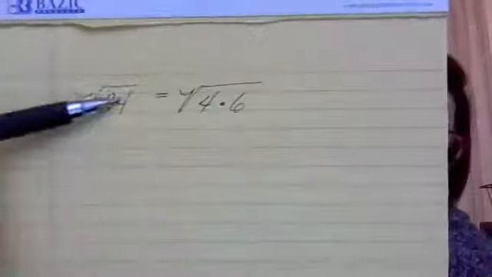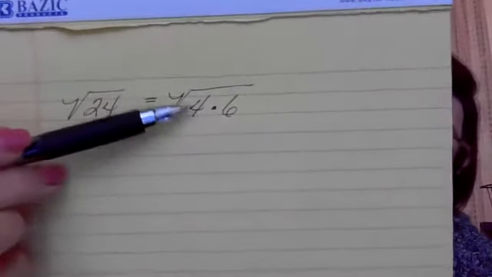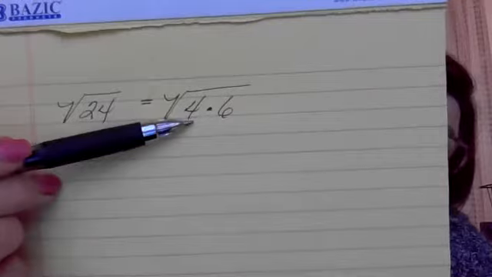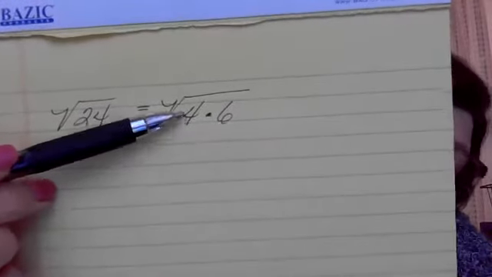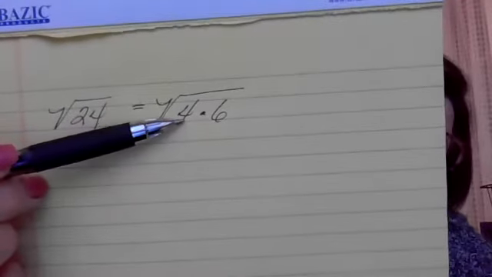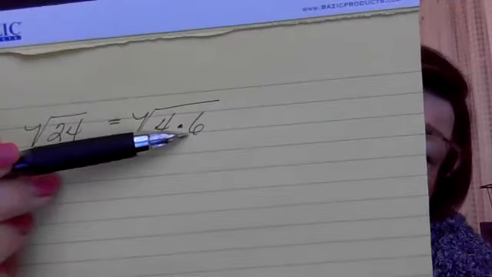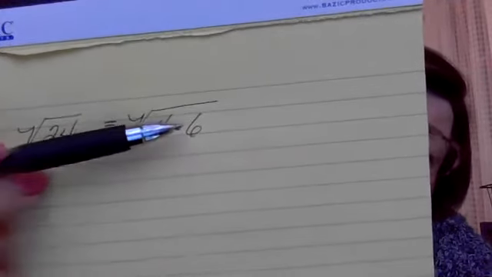You would say 24 is the same as 4 times 6. The reason I chose this is because I can find a square root of 4. That's called a perfect square, okay? So the way most teachers teach this, after you have separated this, you can make these two separate radicals.